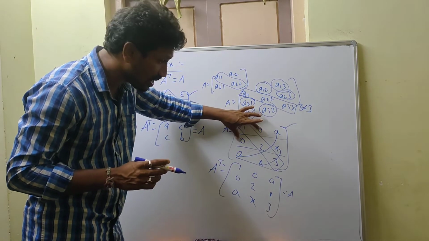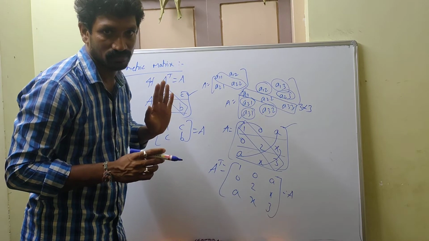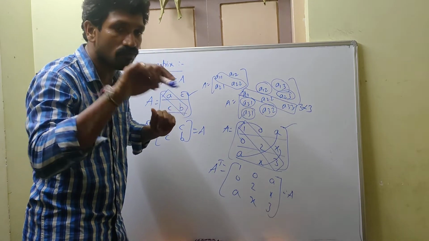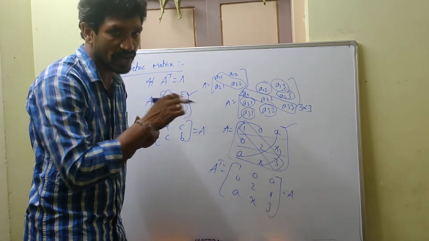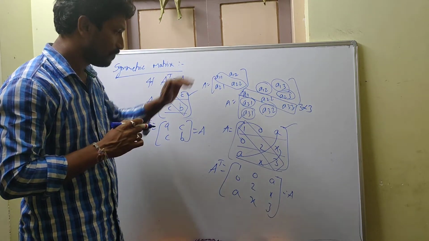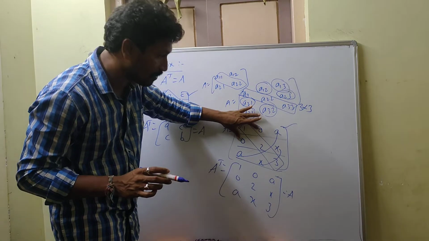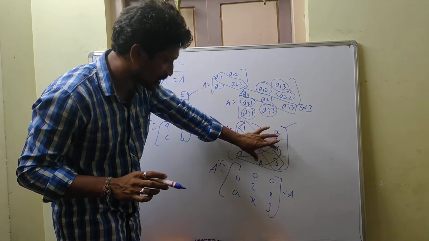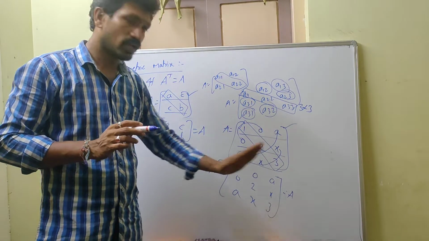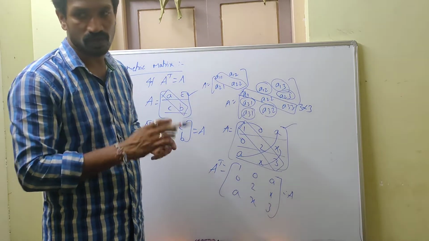Clear? And all these are even numbers, meaning an even number of entries. One thing to remember: these are similar, these are similar, these are similar. You can take 4 by 4, 5 by 5 also, no problem.